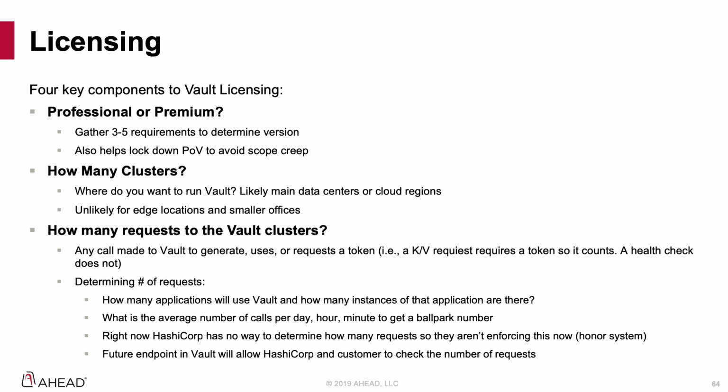Say, hey, we're trending upwards, and in 3 months we're expecting to hit over 50,000 requests, so we probably need to talk to HashiCorp to get an additional or bigger license. It won't necessarily shut Vault down, because right now there's no way to determine it. But obviously you're bound by the legal portion, where you say we're only going to use it for what we bought the license for.